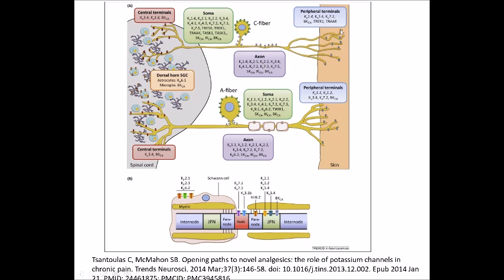There's also different ones that are in the sensory endings, like in the skin. These are the ones where you touch the skin and they would depolarize and then give rise to an action potential that travels along the axon into your spinal cord. When you get in your spinal cord, for example, here, think at the nerve terminals where it releases transmitter, then there's different types of potassium channels here as well.